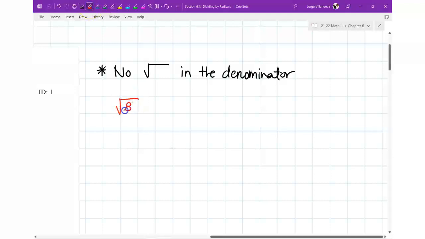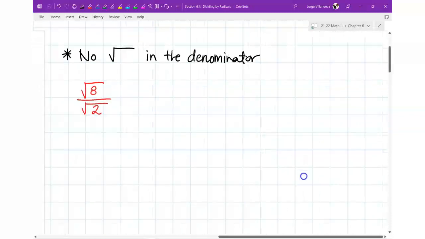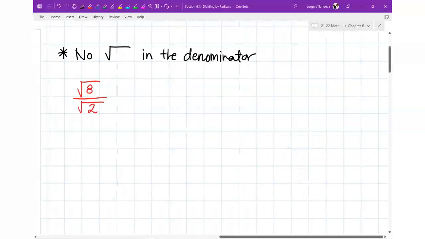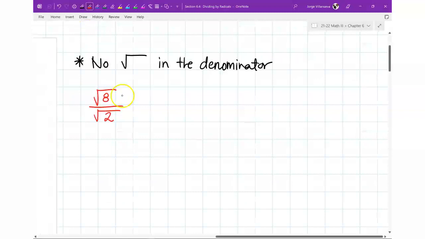If I give you the square root of 8 over the square root of 2. Now, they are expecting you guys to remember some stuff from Algebra 1, so right now I'll write those things in case you didn't remember. But just so you know, if you have two square roots, one on top of the other, you can rewrite it as one big square root, like that.